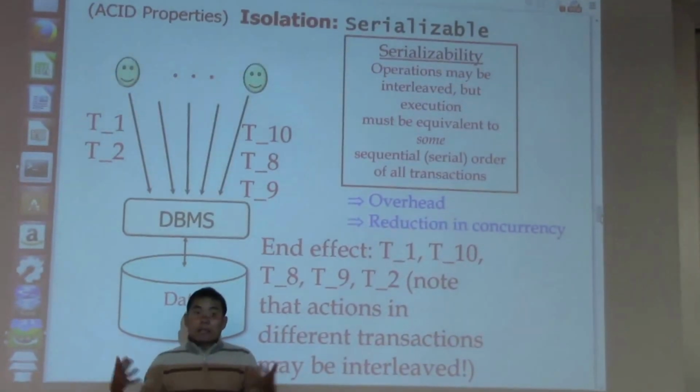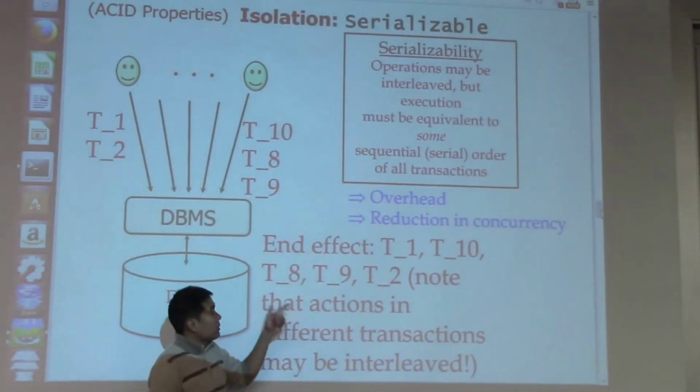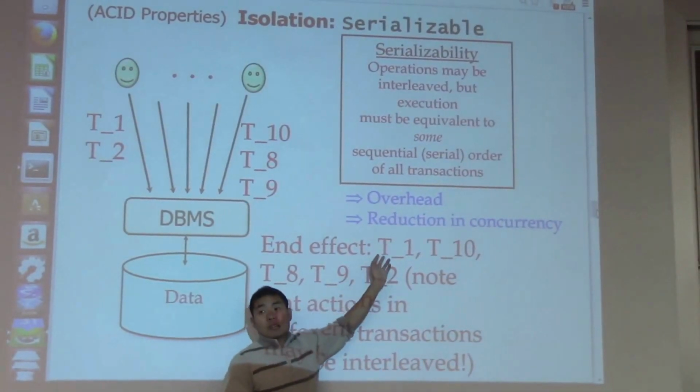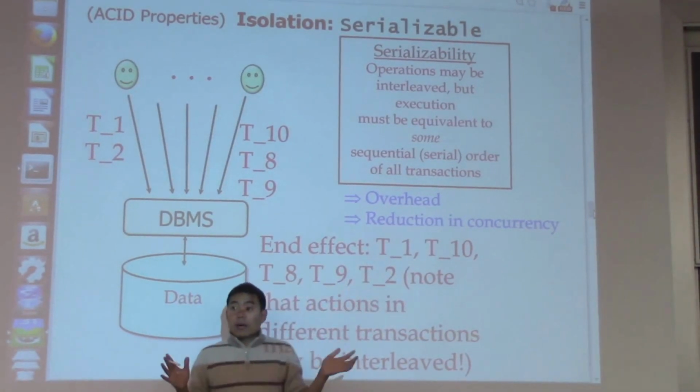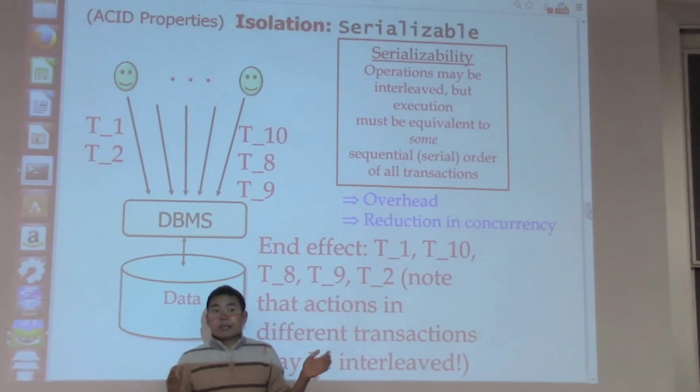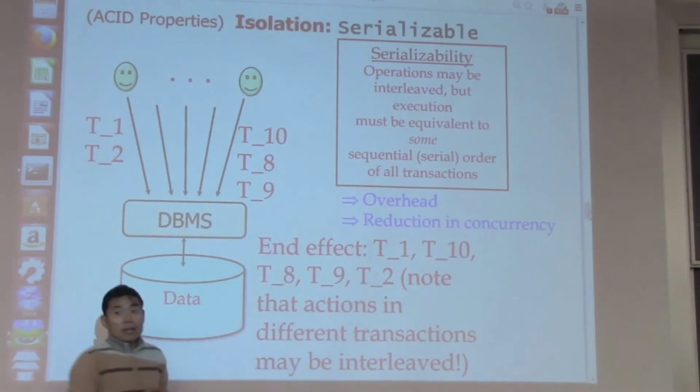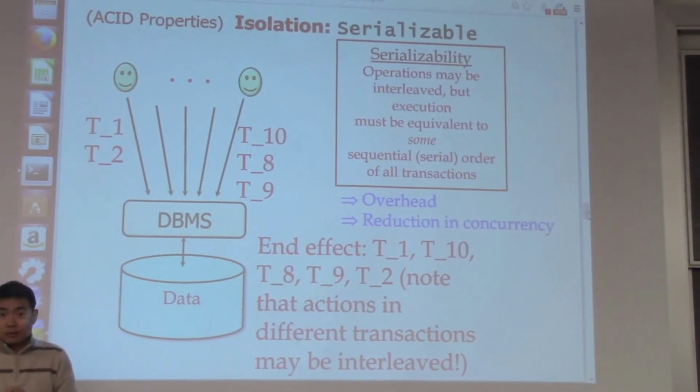If interleaving actions of these transactions lead to a database state that's the same as executing T1, then T10, then T8, then T9, then T2, then it's okay. Okay? Then you are okay in the serializable isolation level. You follow me?